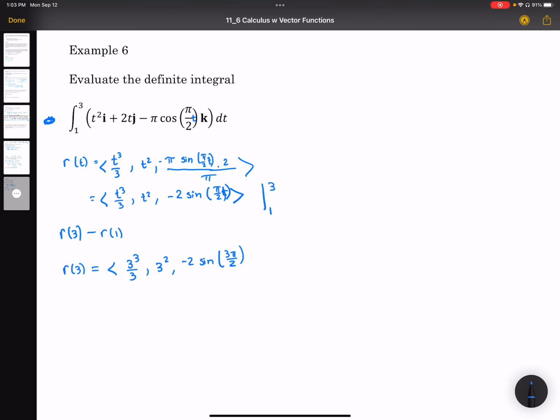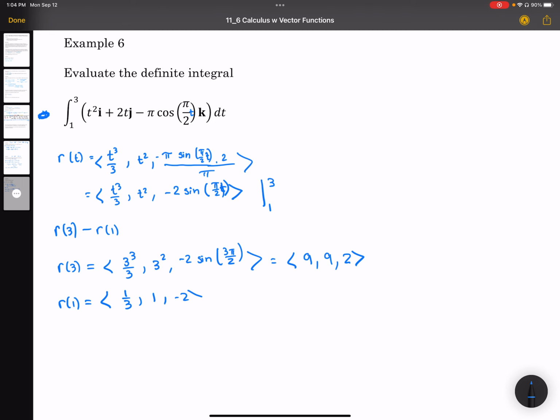That should be a t there too, my apologies. That simplifies to 27 divided by 3 is 9, so 9, 9, the sine of 3 pi over 2 is negative 1, so times negative 2 is 2. And r of 1 is equal to 1/3, 1, and the sine of pi over 2 is 1, so times negative 2 is negative 2.